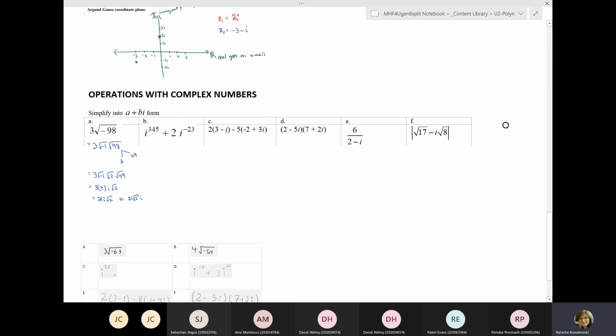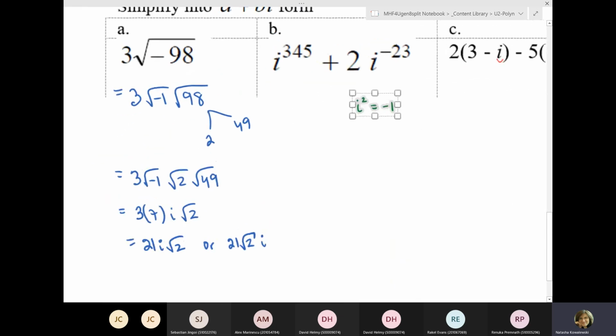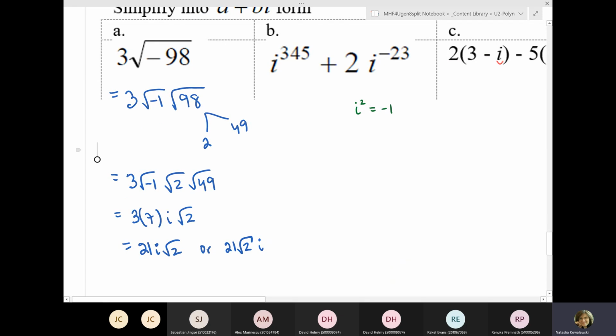We're going to be using this concept that i squared is equal to -1. But we don't have squares here, we have other powers. So the best way to do this, David, is to rewrite this in such a way so that we have a multiple of 2, and then multiplied by the remainder, whatever the exponent here will be the remainder.